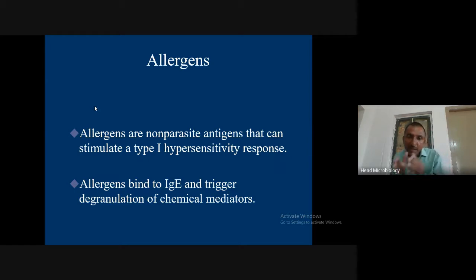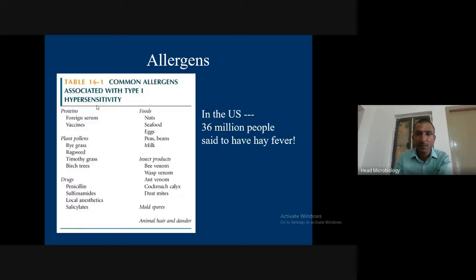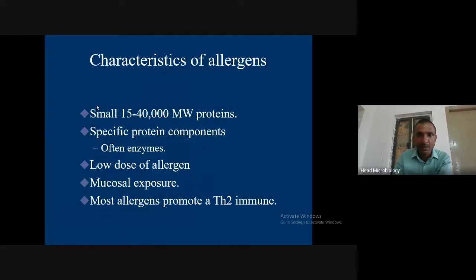When allergens bind IgE and trigger the degranulation of chemical mediators, we are affected by different allergens. Each year, approximately 15 billion people are affected with type 1 hypersensitivity. Allergens are small molecular weight proteins, approximately 15 to 40,000 molecular weight.